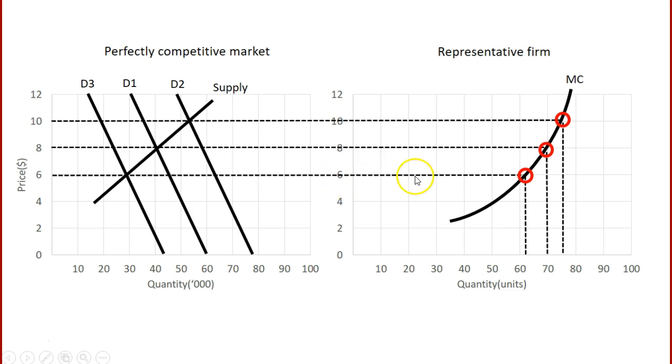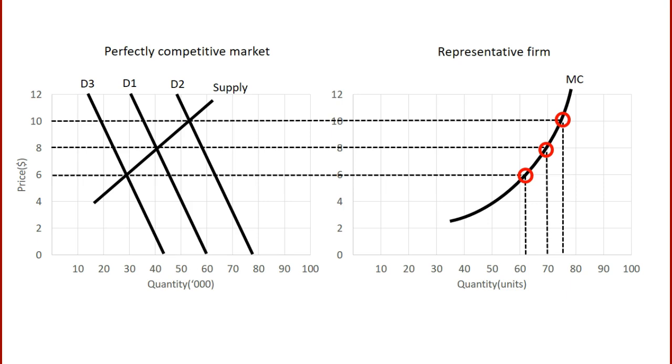At $6, the individual firm is willing and able to supply about 62 units of output. At $8, the firm is willing to supply 70 units of output. At $10, the firm is willing and able to supply 75 units of output.